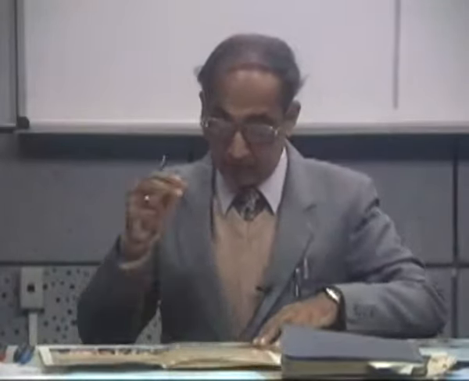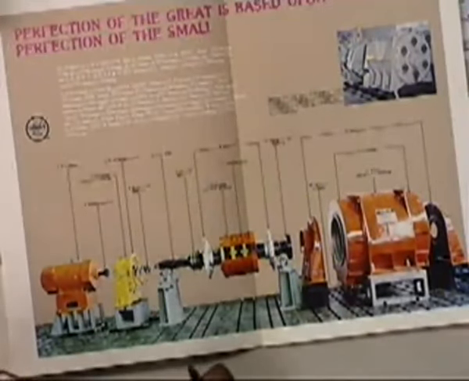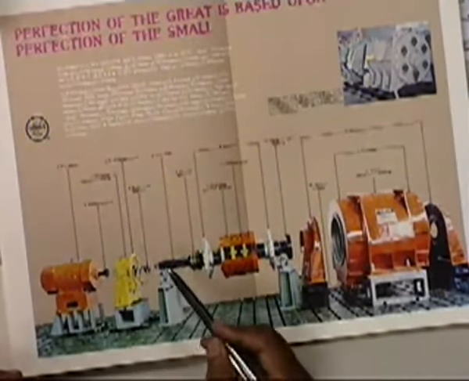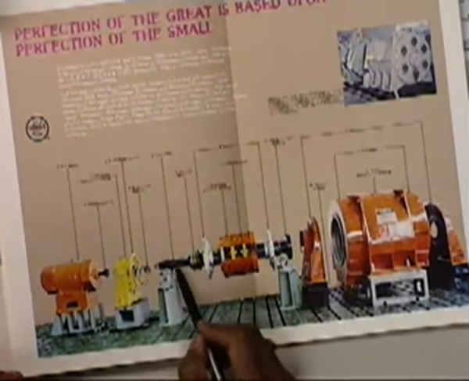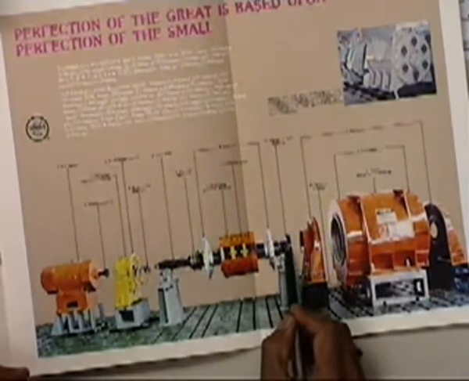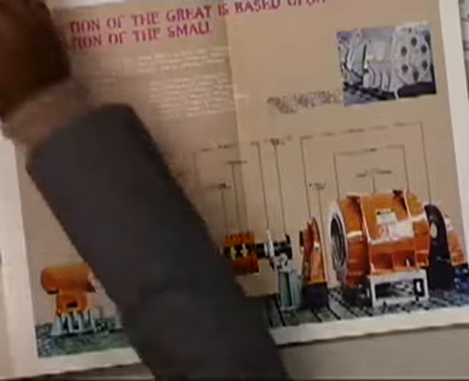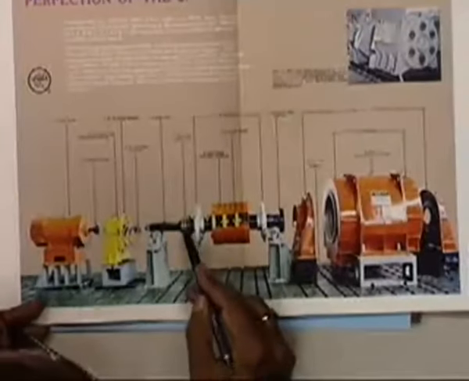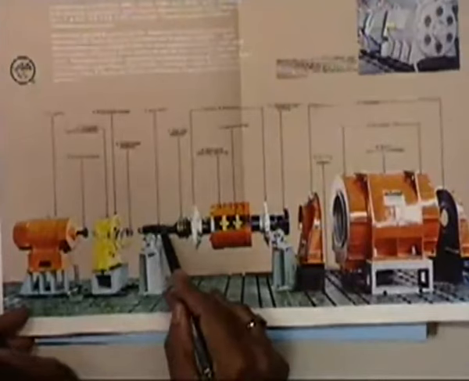This is the total parts. You will notice that here is the shaft. Okay. Here is the slip ring assembly. Here is the rotor shaft.